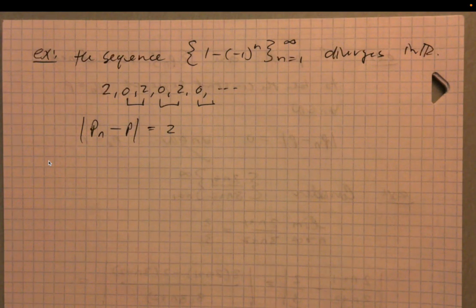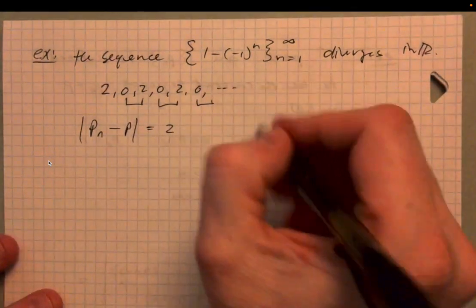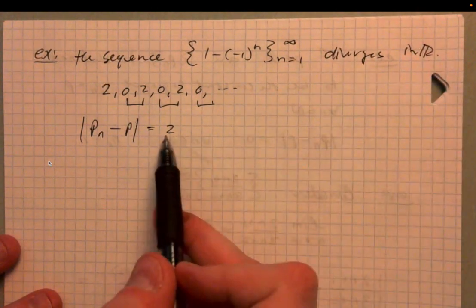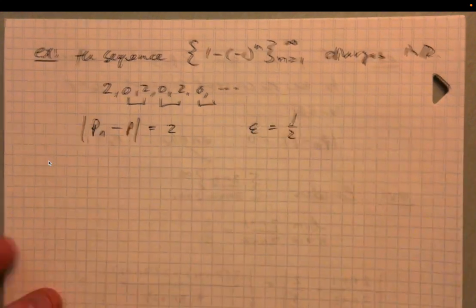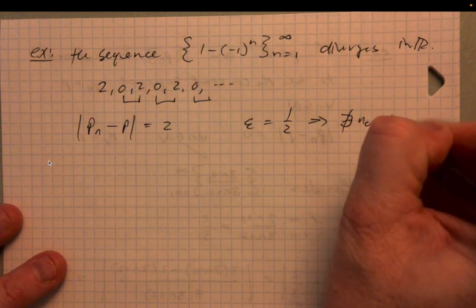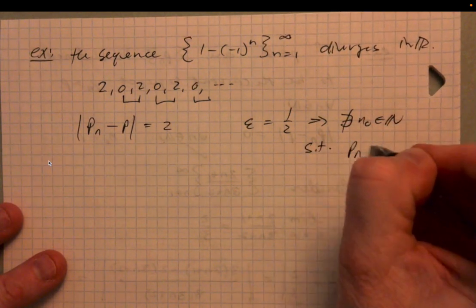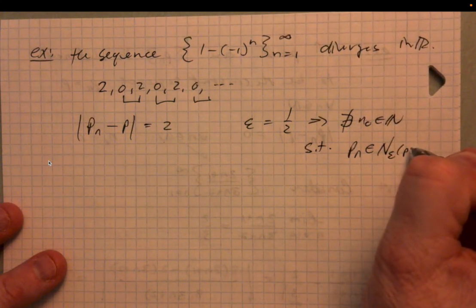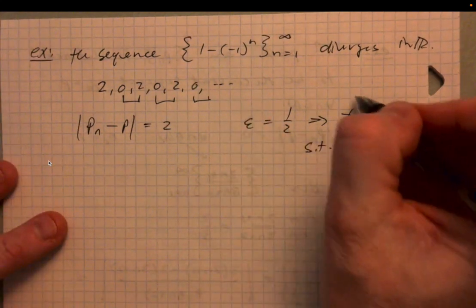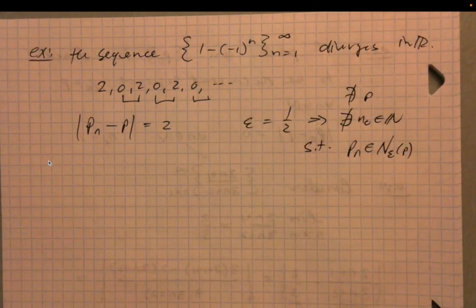So it's easy for you to give me an epsilon that this doesn't work for. If you say epsilon equals 1/2, then there does not exist a natural number n naught such that p sub n is in this epsilon neighborhood of p, well, for any p. So there is no n naught, and there also does not exist a p, right? So this clearly falls outside of the definition. There is no convergence here, and clearly, therefore, it must diverge.